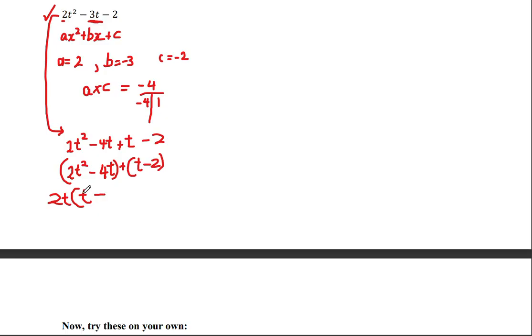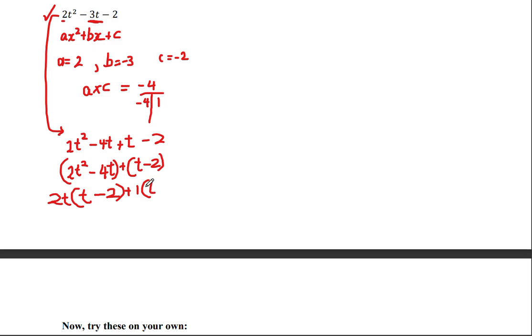Take away 2t divided into negative 4t. 2 divides into 4 twice, and t divides into itself once, so the t would cancel. And of course the expression here is negative, so this will be minus 2. Plus, there's an invisible 1 in front of the bracket here.